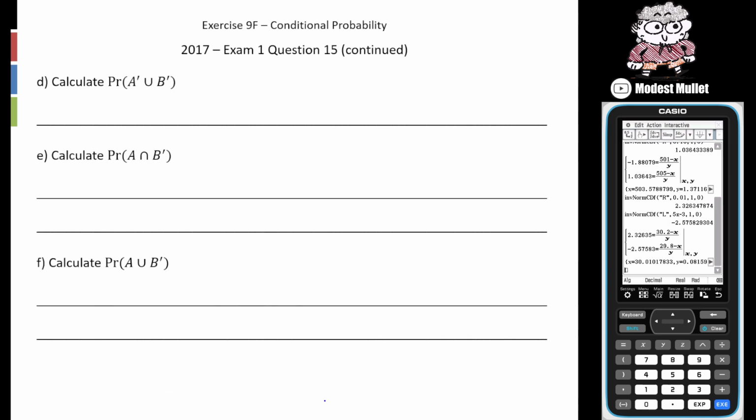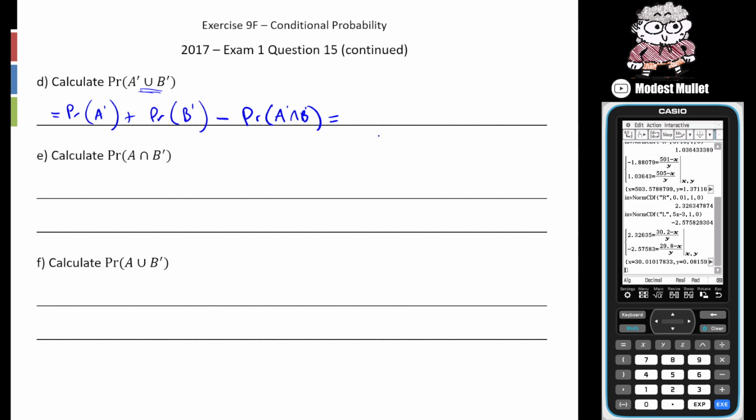Cool. Calculate the probability of A dash union B dash. Using the addition rule, because unions we can't read off a two-way table or a Venn diagram, that's the probability of A dash plus the probability of B dash, take away the intersection of them, A dash intersect B dash.